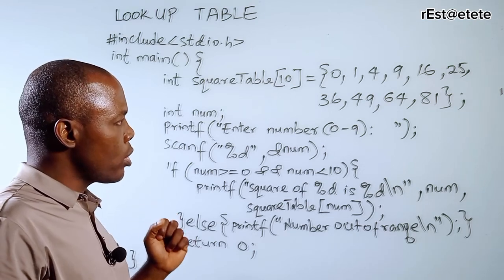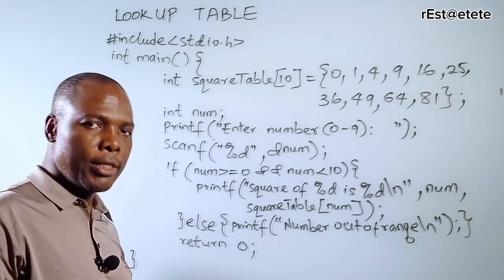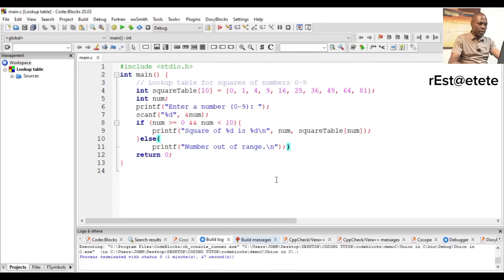So let's go to Code::Blocks. Let me demonstrate this for you to see. So this is our Code::Blocks, lookup table. This is what I demonstrated on the screen. I taught you on the board. So we created our main function. We created an array of 10 numbers. These numbers are the squares of individual numbers from 0 to what? To 9.